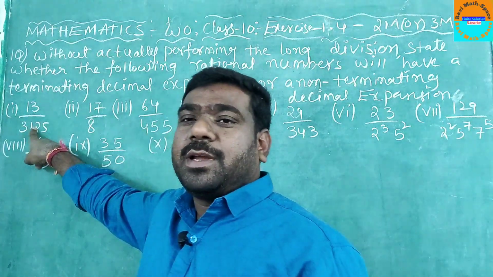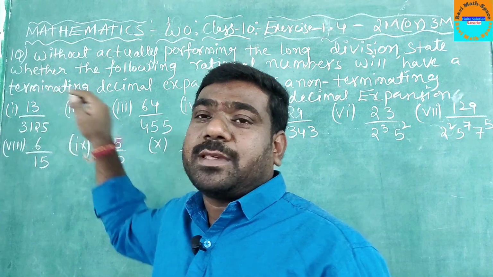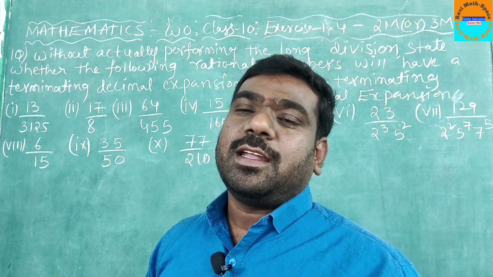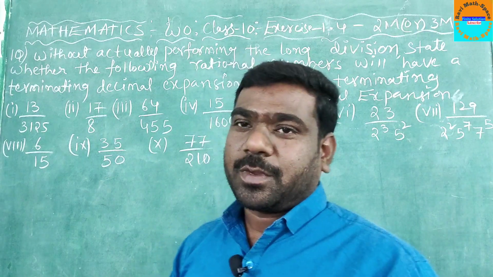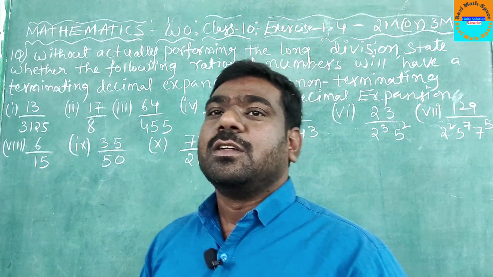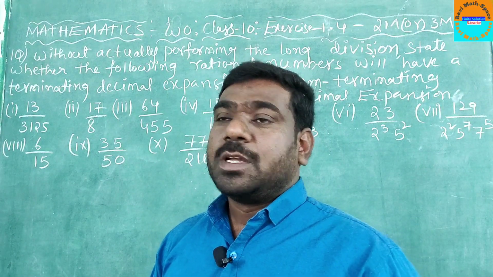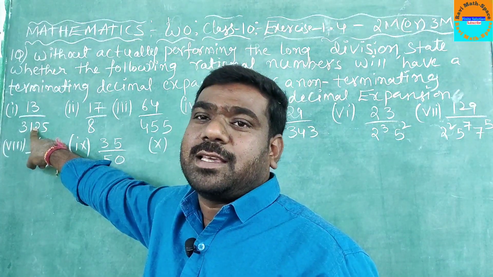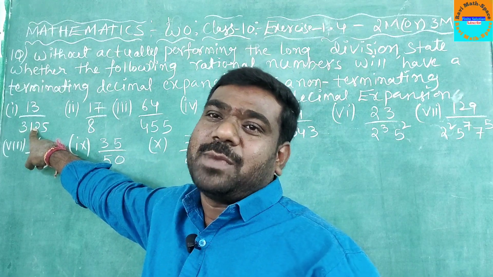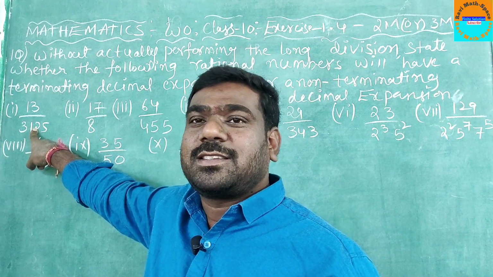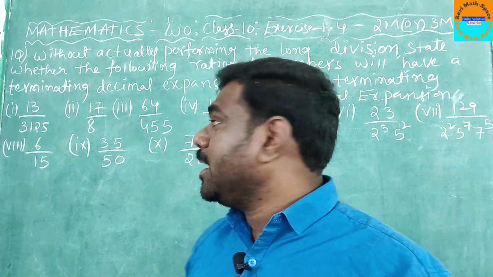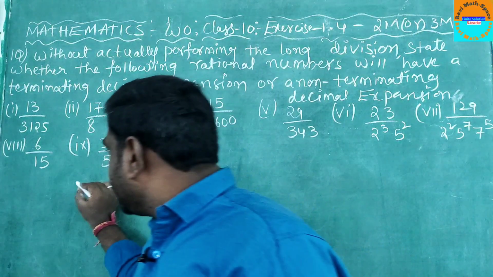In the rational number, the denominator should satisfy the condition 2 power n into 5 power m. If it is satisfied, this rational number has a terminating decimal expansion. Otherwise, non-terminating decimal expansion.